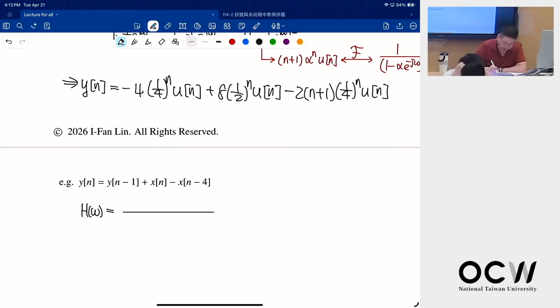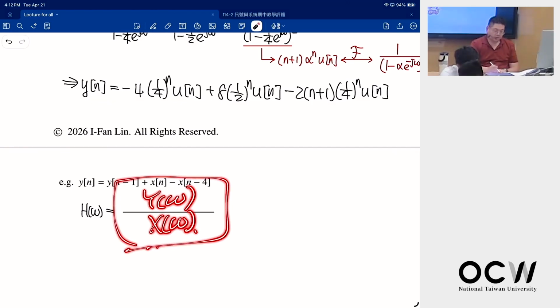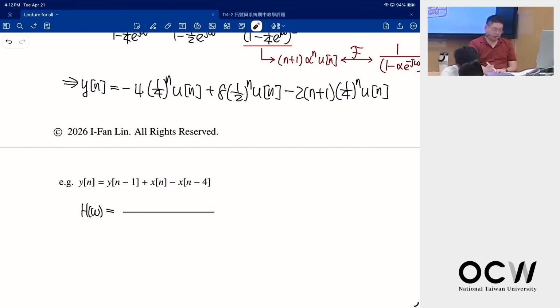At your time, maybe your turn. What is H omega? H omega should be Y omega divided by X omega, right? So what is this form? The fraction. What is Y omega and what is X omega?